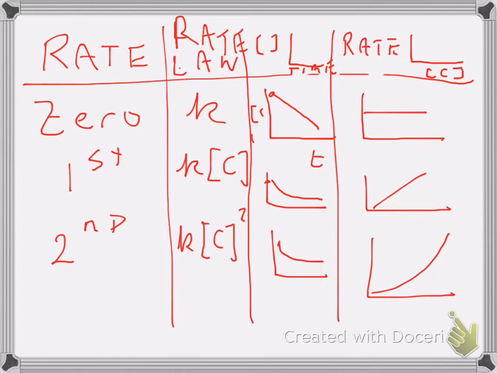And then we see a quadratic relationship in the rate versus concentration for second order. Okay, so rate versus concentration of C for each of the orders. You should make sure that you can reproduce this particular image and be able to describe how and why you would get this relationship.